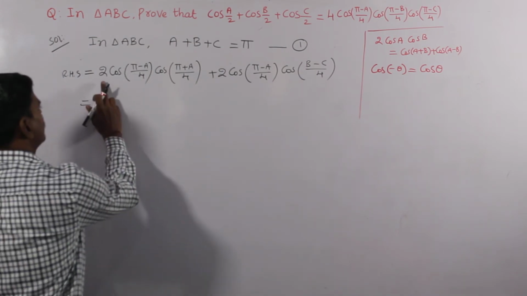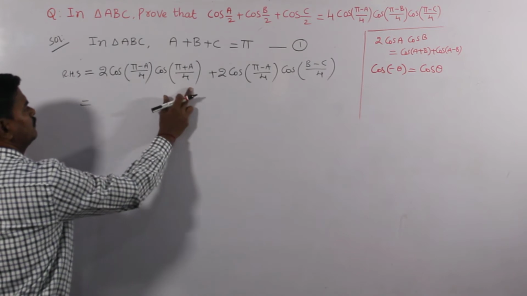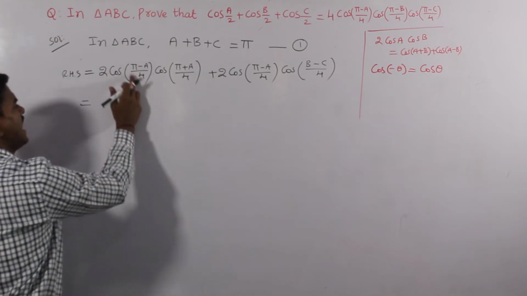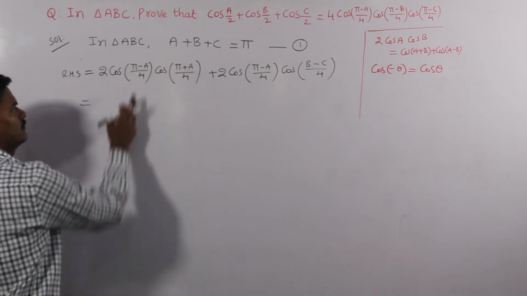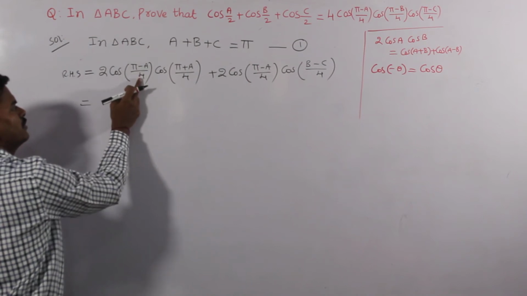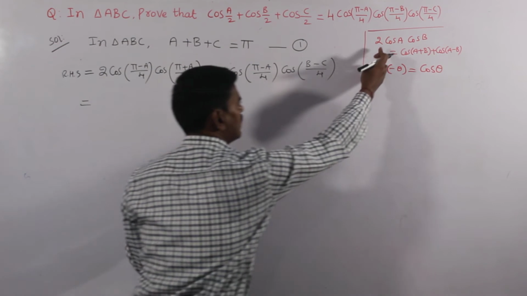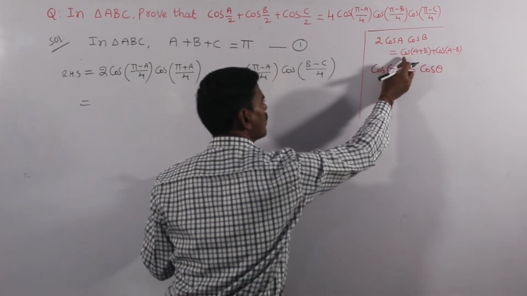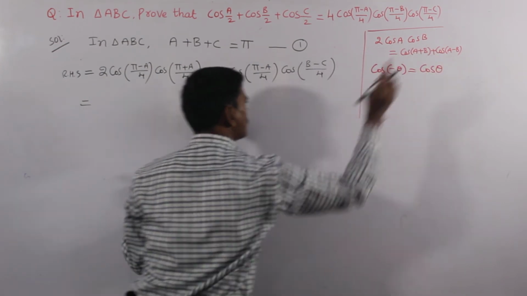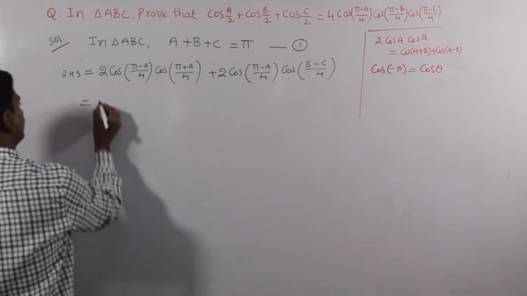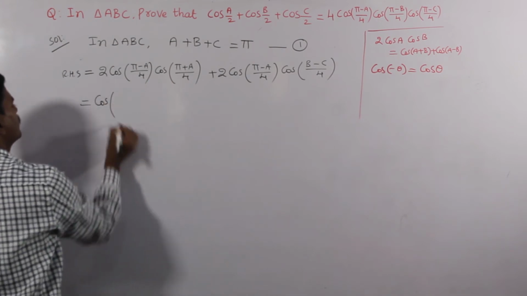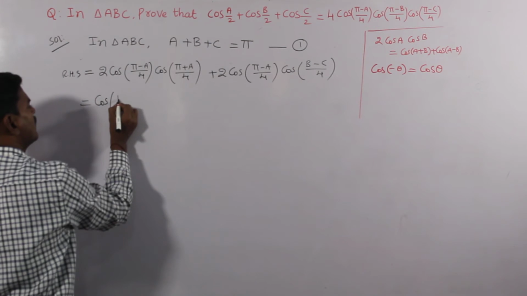Now once again this term is in the form of 2 cos a cos b, where (pi minus a) by 4 is a, and (pi plus a) by 4 is b. So again we can apply the same formula, the 2 cos a cos b formula: cos of a plus b plus cos of a minus b. Apply that formula. Cos of a, what is a here?